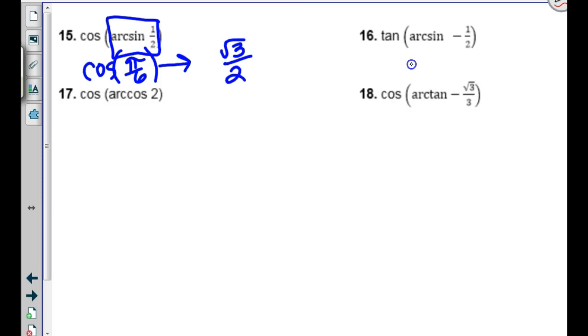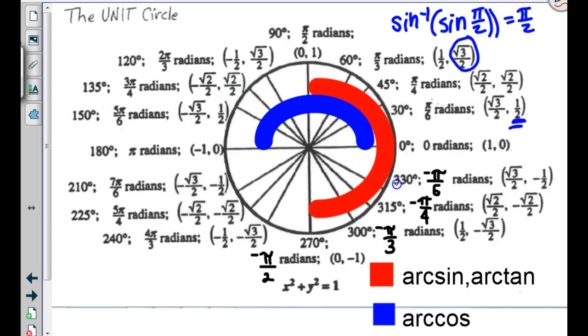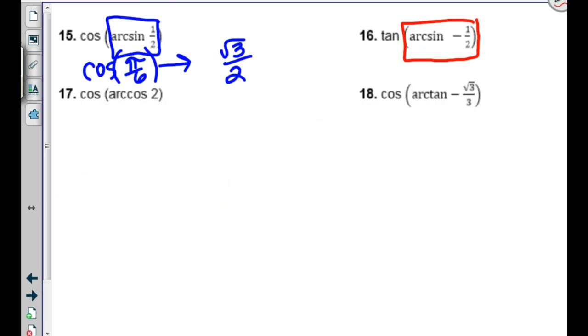All right, let's do 16. Where is the sine negative 1/2? Now be careful. Arc sine negative means we're down here, right? In quadrant 4, renumbered. Negative pi over 6. Then what is the tangent at negative pi over 6?